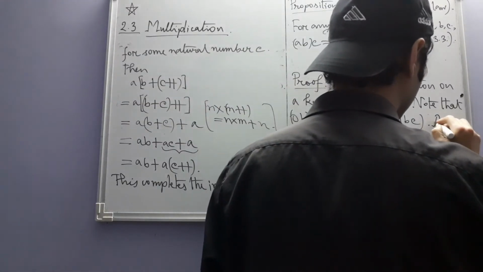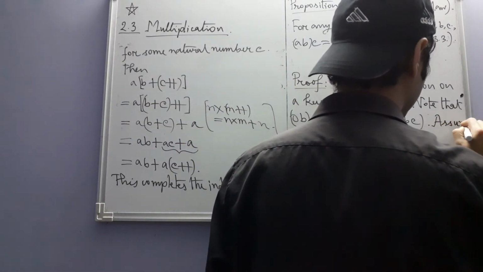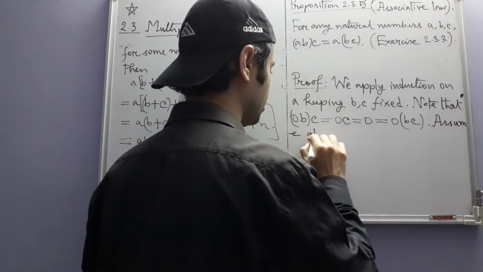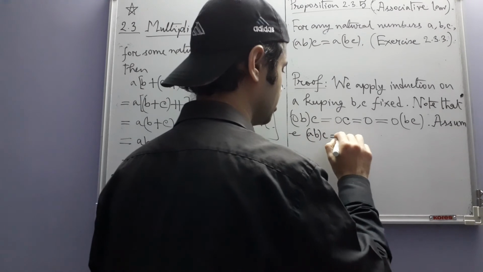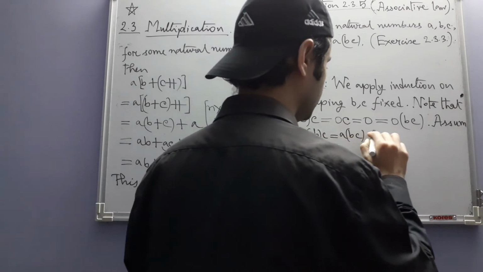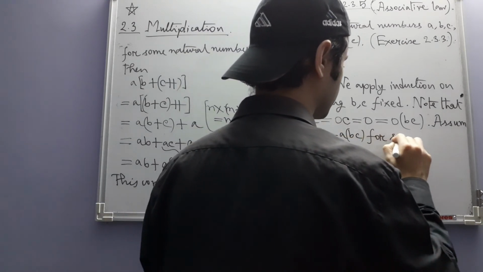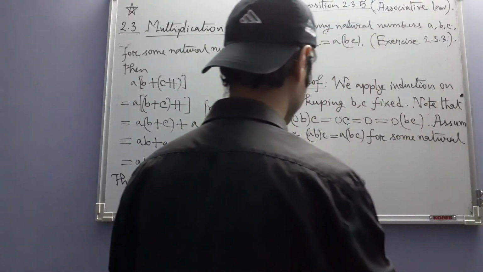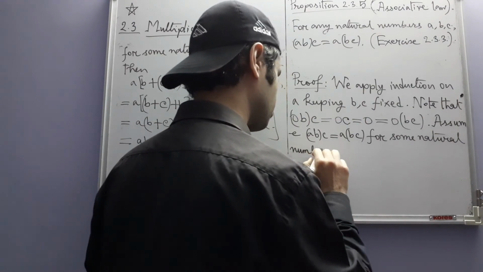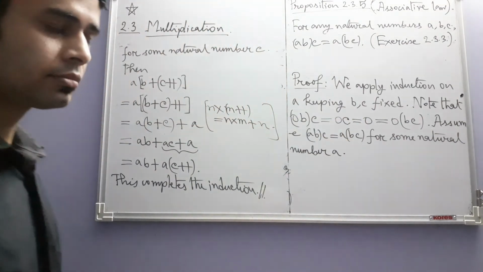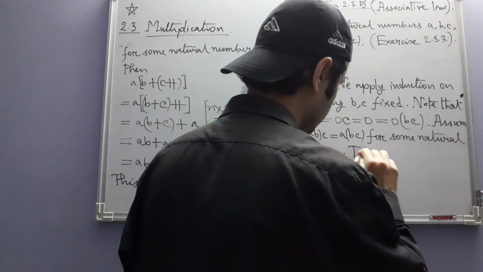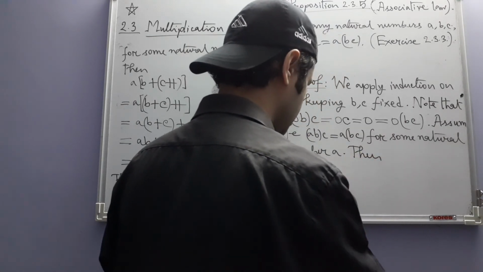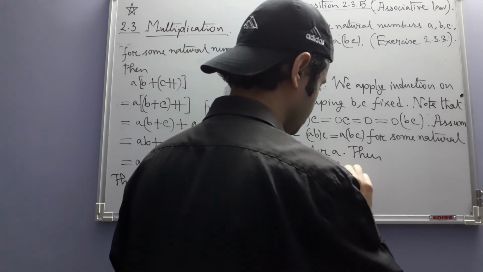Now we assume the induction hypothesis. Assume AB times C is equal to A times BC for some natural number A. Then A plus plus times BC.